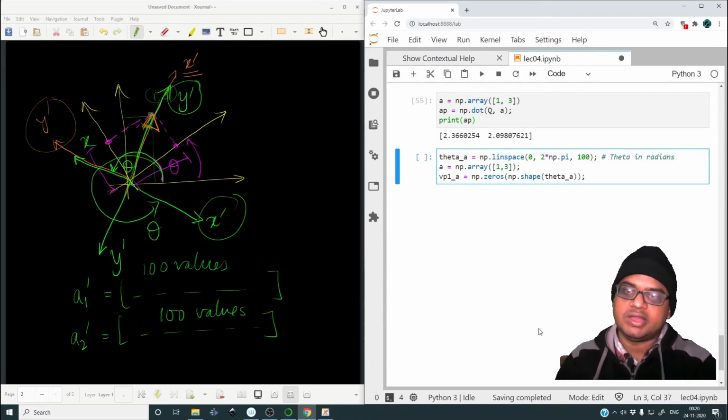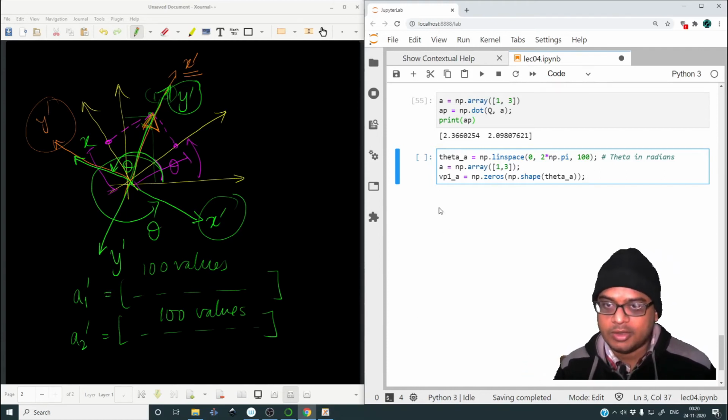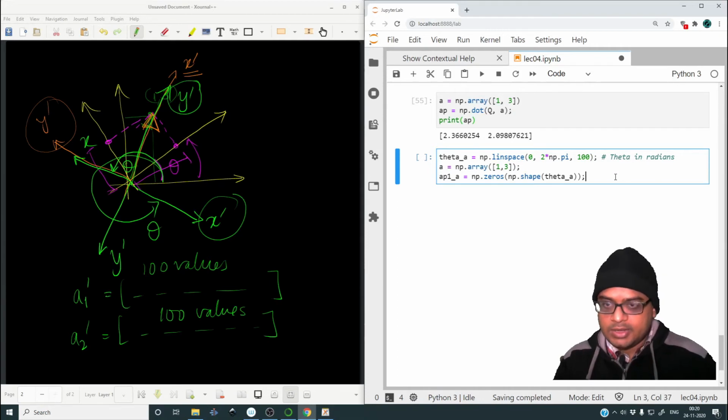It means it will create a zero array which has the same shape as the theta array. This is important because the a prime 1 array and theta array must have the same length, and hence the same dimension as well.